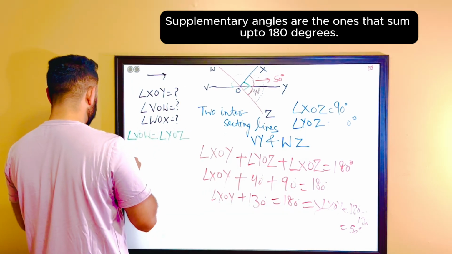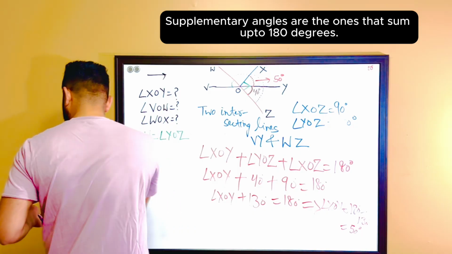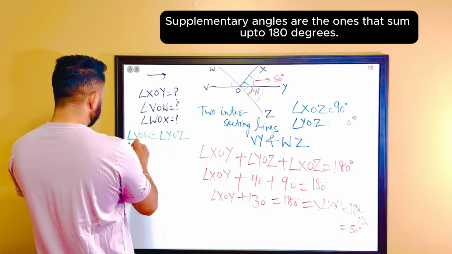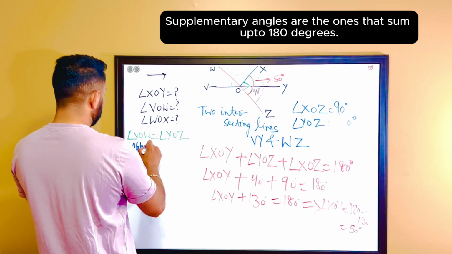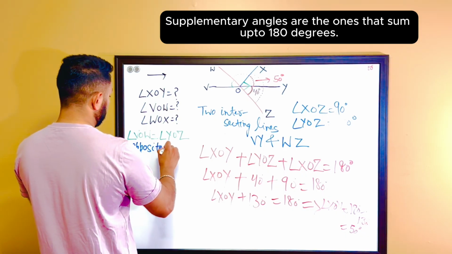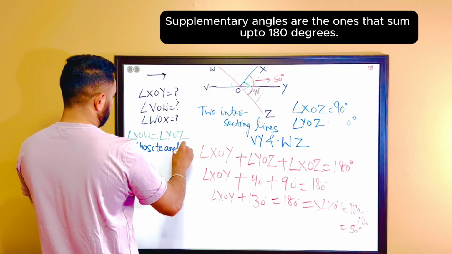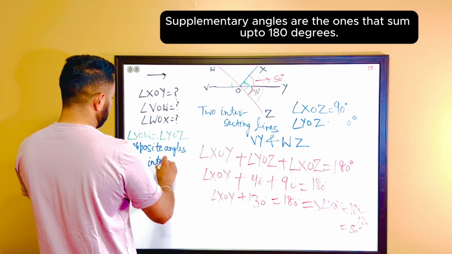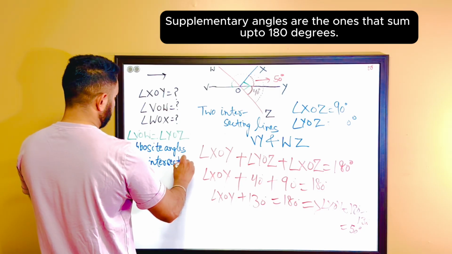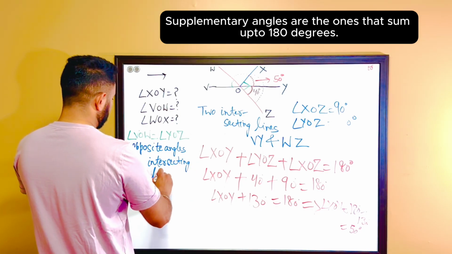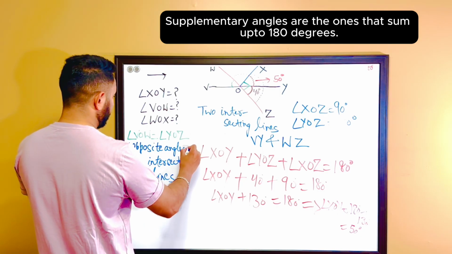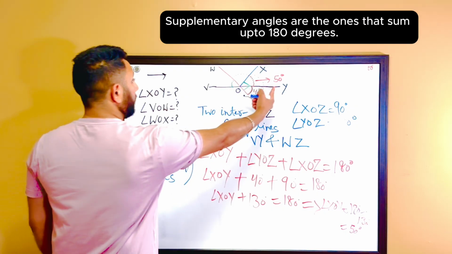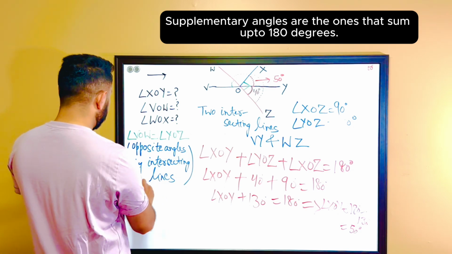We can write it down like this: these two are opposite angles by intersecting lines. So they are equal, and YOZ is 40 degrees.